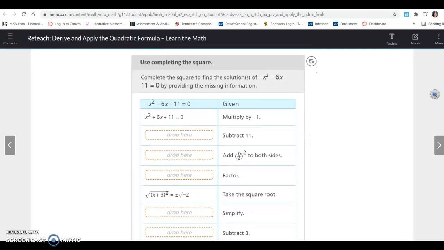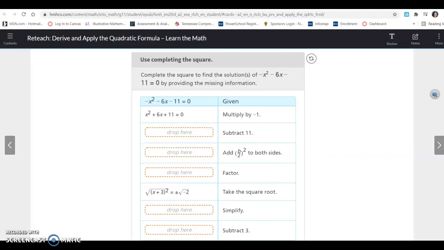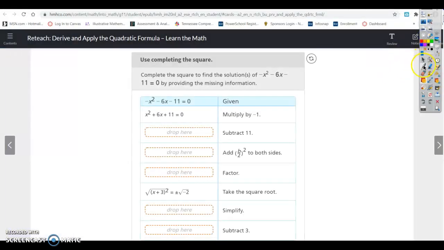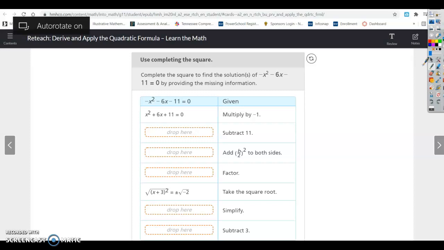Alright, so let's start by looking at completing the square. I'm going to pull up, and I like to write out the process here so that you can see and follow along with completing the square.